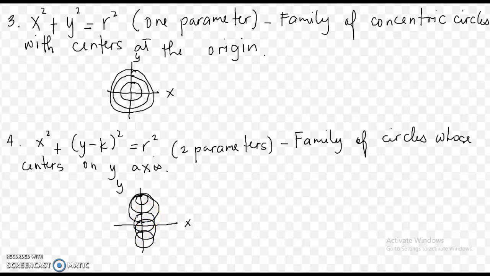Okay, next, number 5. And for number 5, we have (x minus h) squared plus y squared equal to r squared. Again, this one is under the 2 parameters.